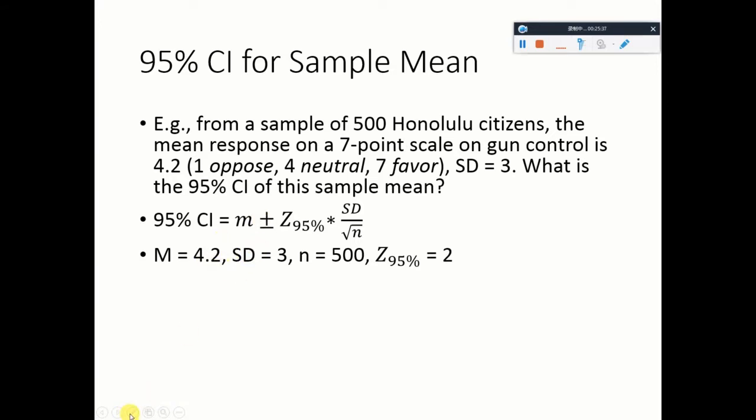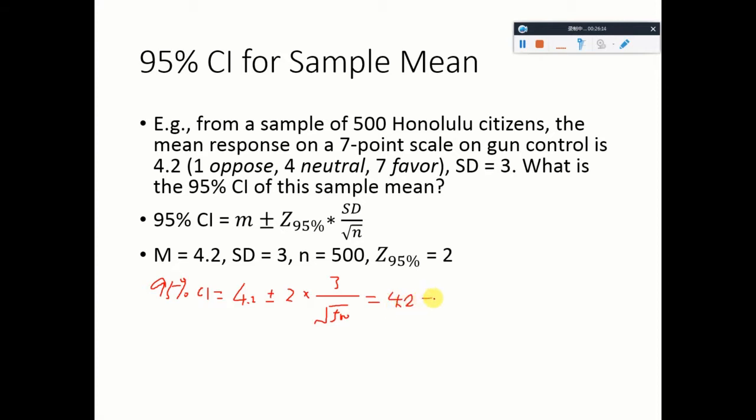The 95% confidence interval will equal 4.2 plus or minus the z-score, which is 2, times SD, which is 3, divided by the square root of the sample size 500. Fairly straightforward, isn't it?